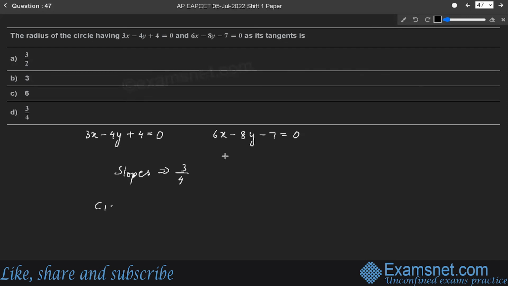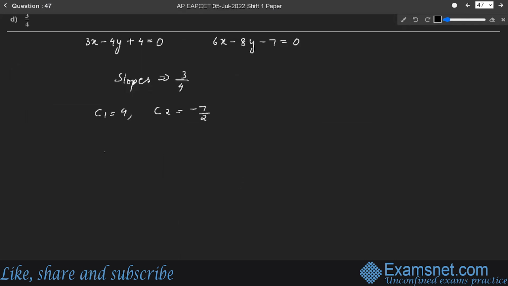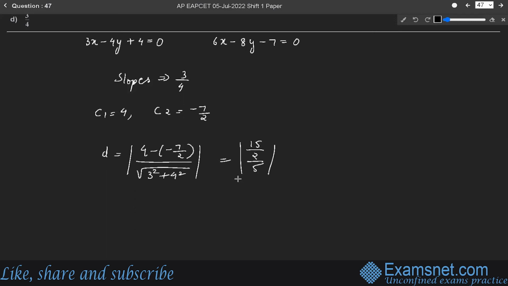So here C1 will be equal to 4 and C2 will be equal to minus 7 by 2. Therefore, the diameter of the circle is given by D is equal to modulus of 4 minus minus 7 by 2 divided by under root of 3 square plus 4 square, which is equal to modulus of 15 by 2 divided by 5, that is 15 by 10, which is equal to 3 by 2.